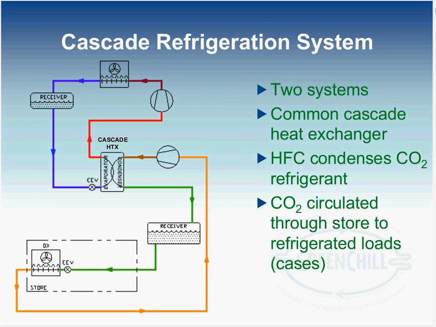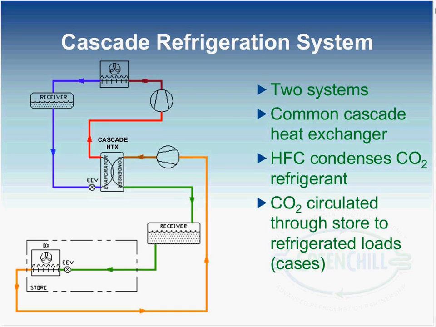Let's now look at a schematic of a Cascade refrigeration system. A Cascade system consists of two independent refrigeration systems that share a common cascade heat exchanger. If you look at the center of the diagram, you'll see the cascade heat exchanger in the middle. To the left, you'll find a schematic of a typical refrigeration system, where you have compressor, condenser, receiver.